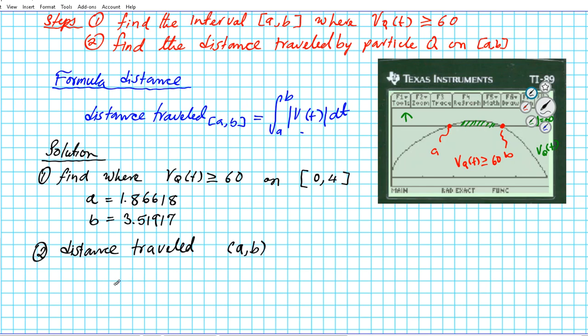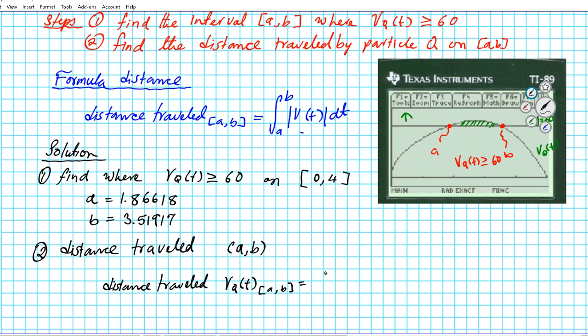Okay, so to calculate the distance traveled, we're gonna go ahead and use the formula that we just talked about. So distance traveled by V of Q on AB is going to be what?